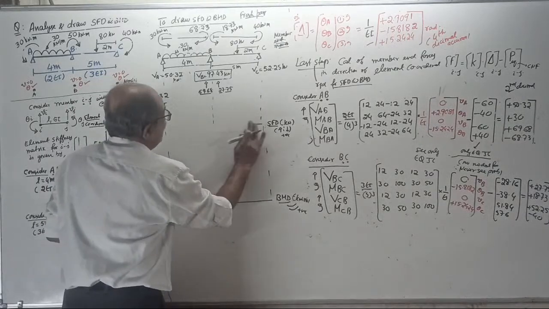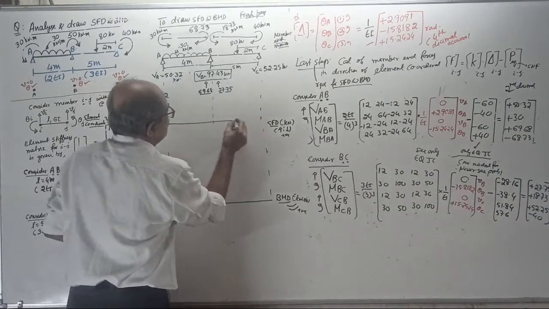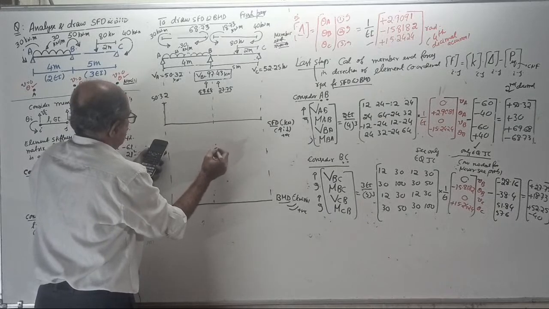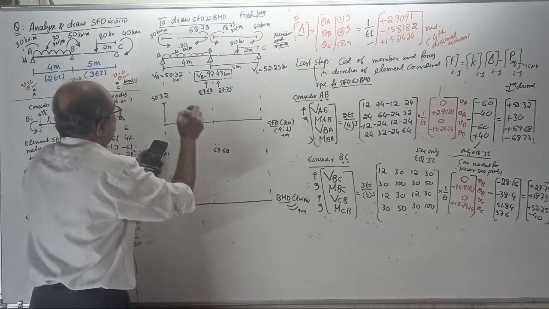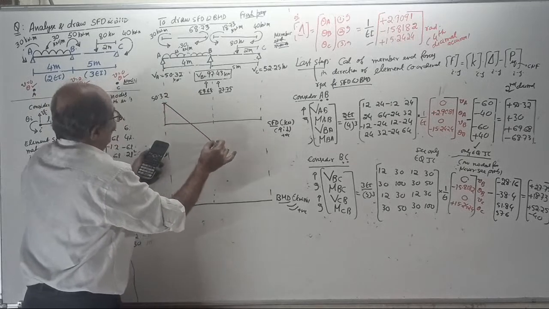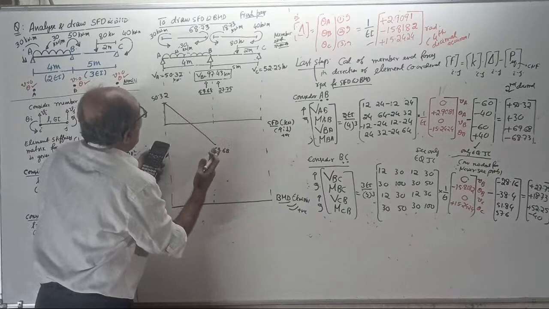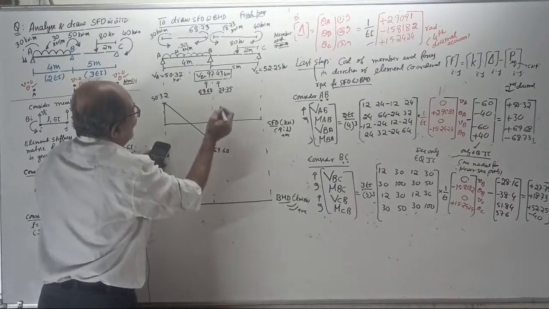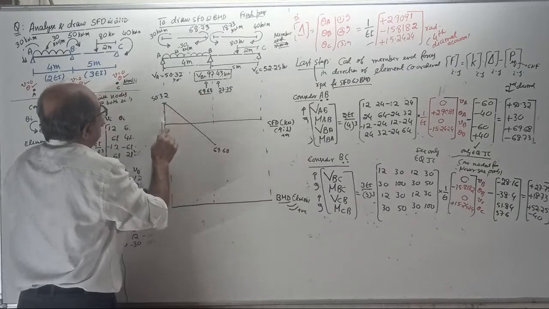I will slightly lift the values. I want space here. How much here? 69.68. Then, little more. Okay. Go up by what? 97.43.